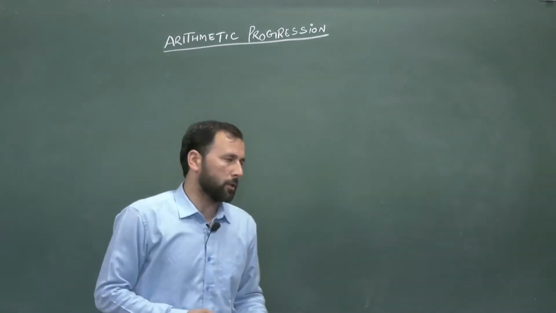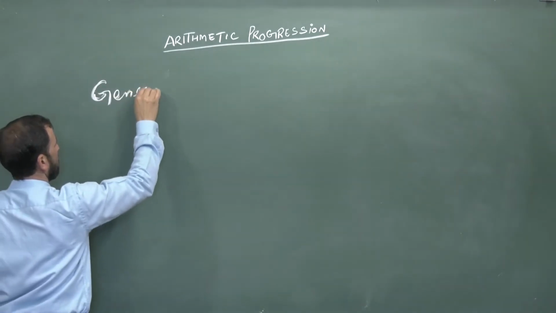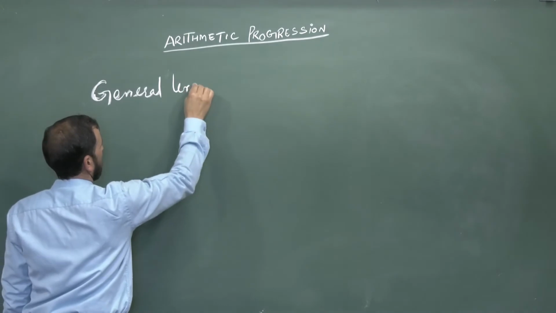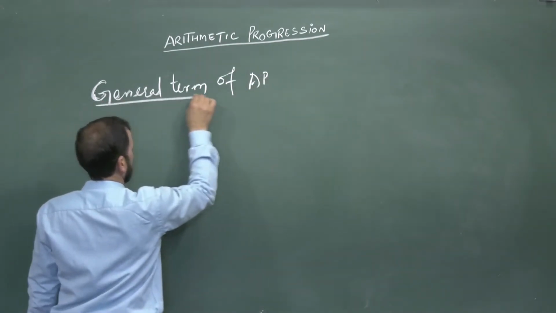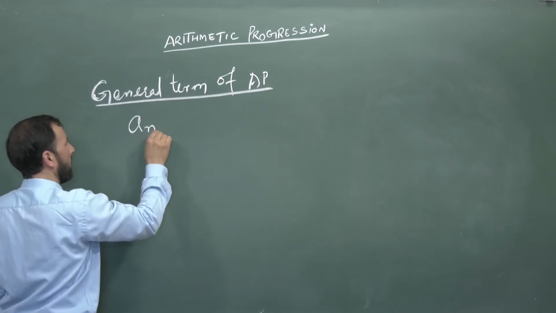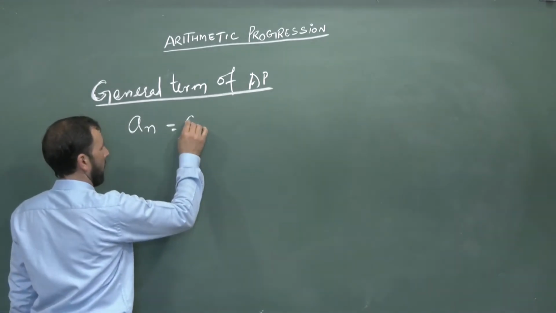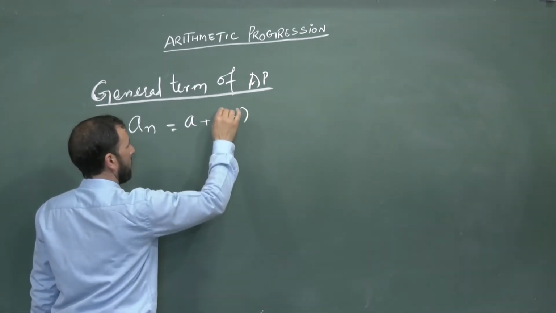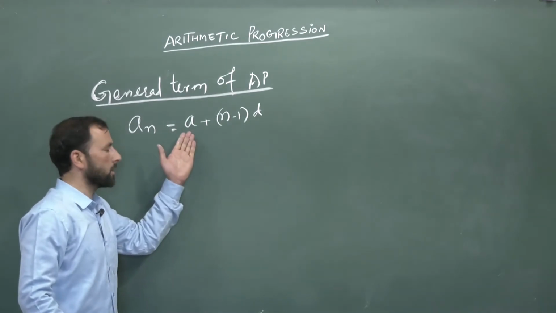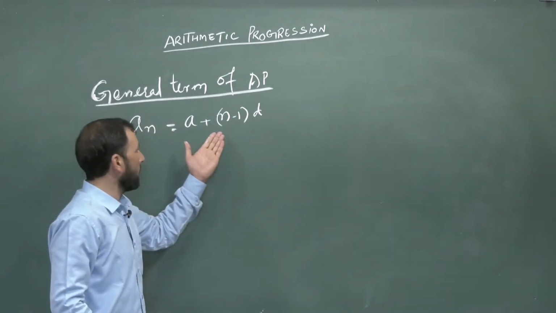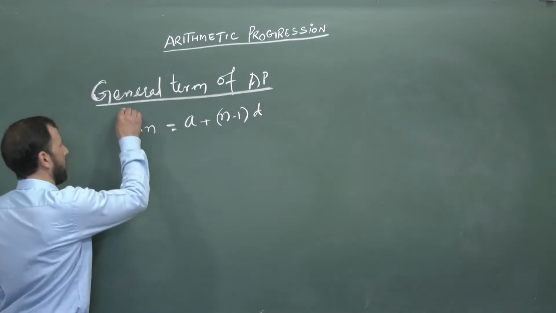Now, the general term of an AP can be written as an equals a plus n minus 1 into d, where an is known as the nth term of this AP, a is the first term of the AP, n is the number of terms in the AP, and d is the common difference of the arithmetic progression.